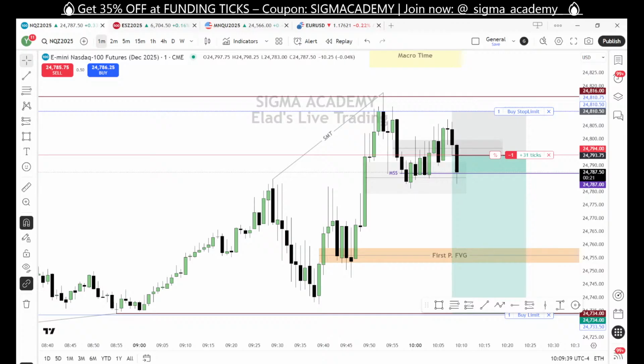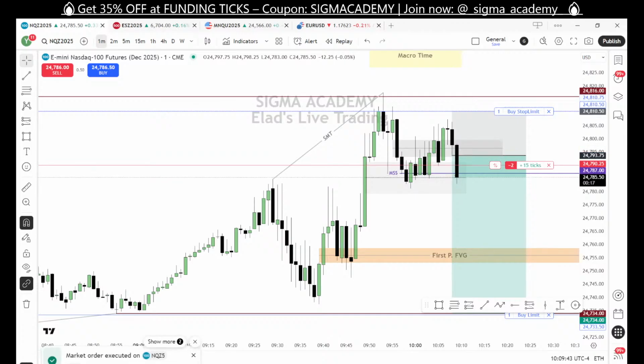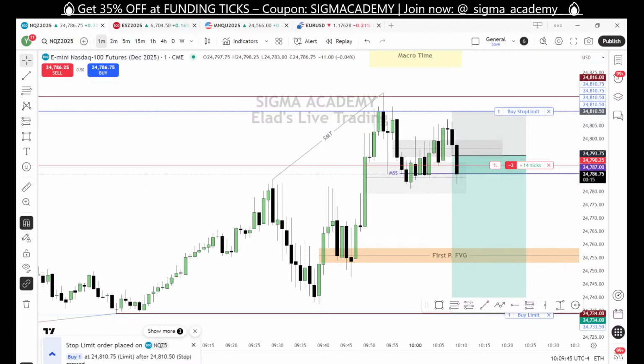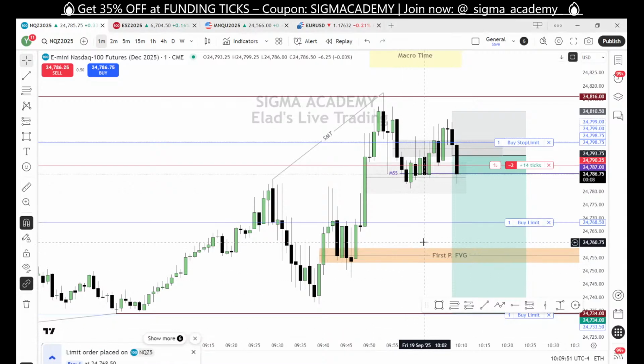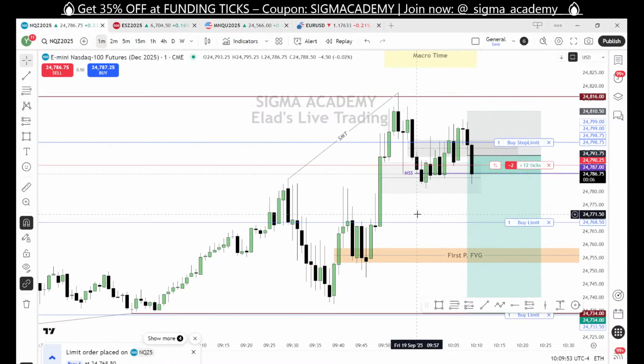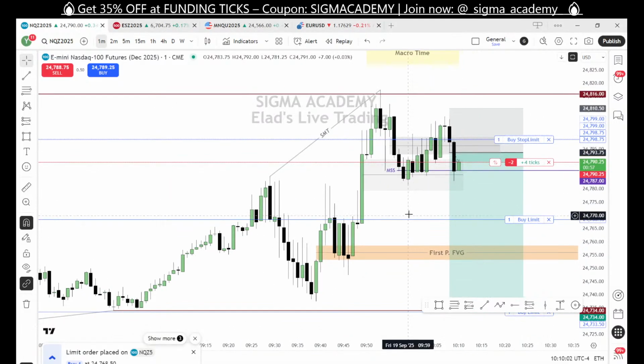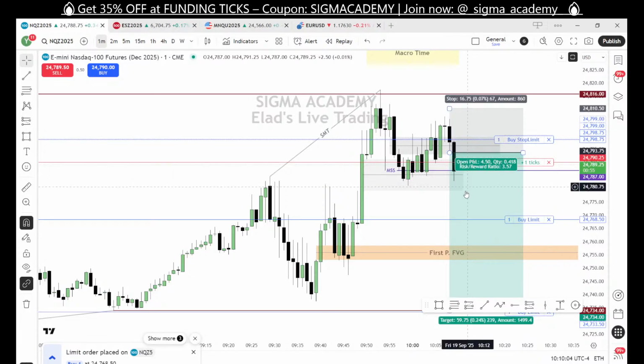Wait. After this displacement, I know this is a winner. Okay? So it should attack lower the lows, okay?